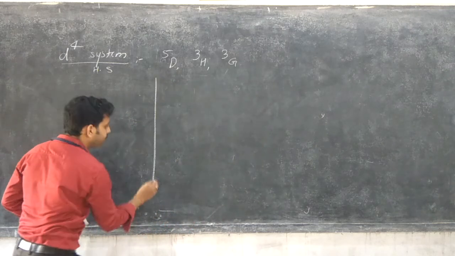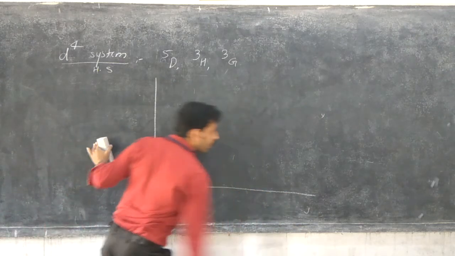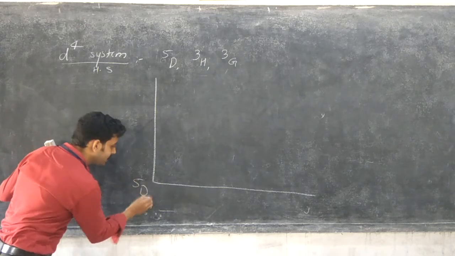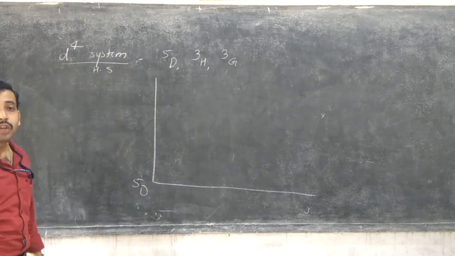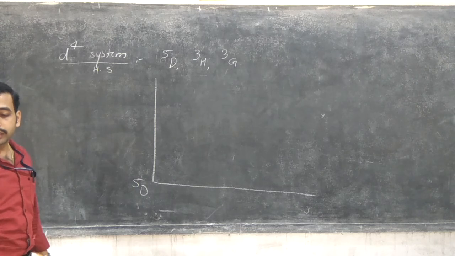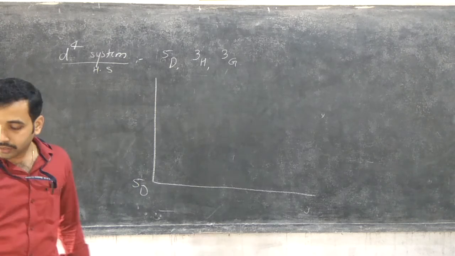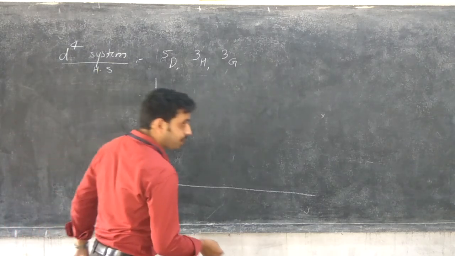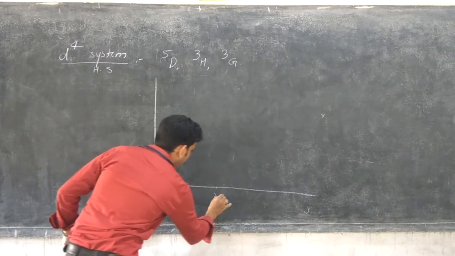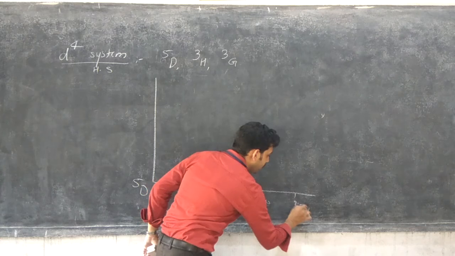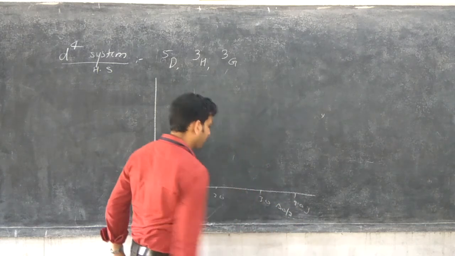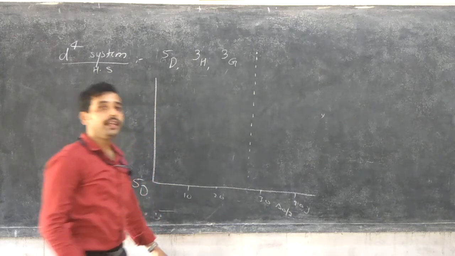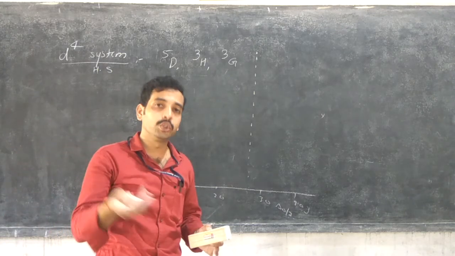In the D4 system, in here 5D is the lowest in energy level, and from the data it's about 28.2 something, or 10, 20, 30, 40 of delta naught by B value. There is one vertical line, which indicates the distinction between high spin and low spin complexes.